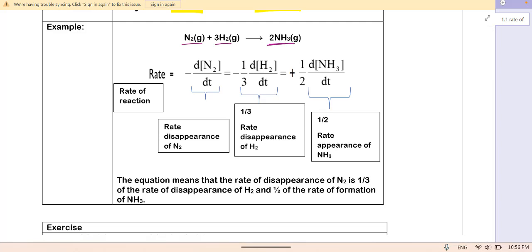The differential rate equation for this reaction is: the rate of reaction equals, for reactant it will be negative and for product it will be positive, negative change in concentration of nitrogen over time, or this expression is also known as rate of disappearance of nitrogen, equal to 1 over 3 rate of disappearance of hydrogen, equal to 1 over 2 rate of formation of ammonia, or rate of appearance of ammonia.